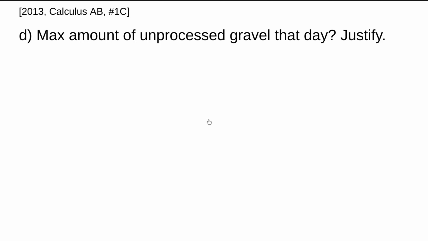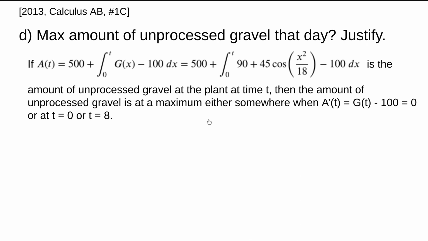In part D of this question, we are asked to determine the maximum amount of unprocessed gravel that day and provide justification. All right, so if we go back to our A function, A of t equals 500 plus the integral from 0 to t of g of x minus 100 dx. That's the amount of unprocessed gravel at the plant at time t.